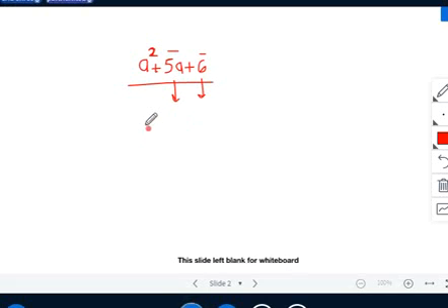Yes, so what we have to do is make two brackets. Then put a plus 3 and a plus 2. Yes, this is how you factorize this. The next one is x squared plus 4x plus 4.